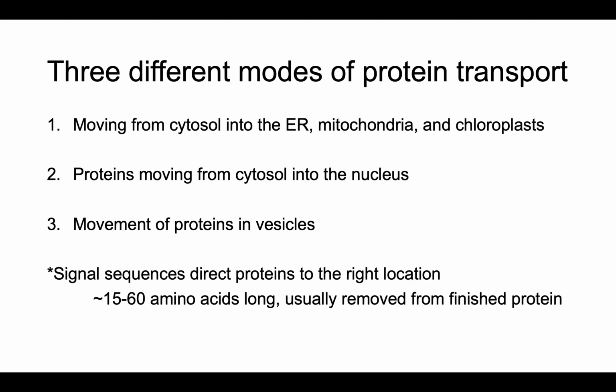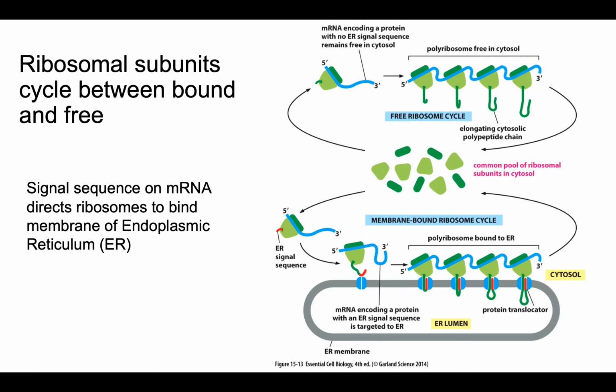So if we were looking at the DNA of one of these proteins and compared it to the final amino acid sequence of this functional protein, that end protein would actually be a little shorter, a little smaller, because that signal sequence was taken off. Okay, so we'll revisit these 3 types of movement in our lecture today.